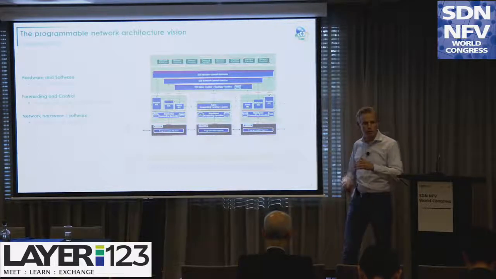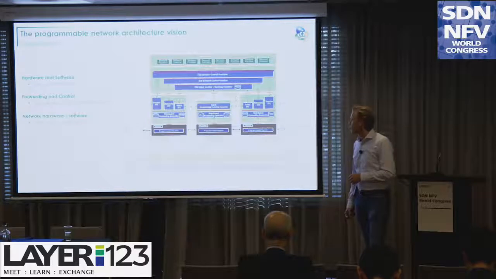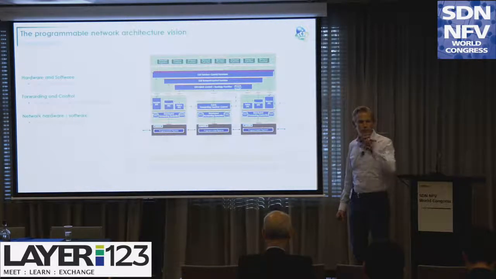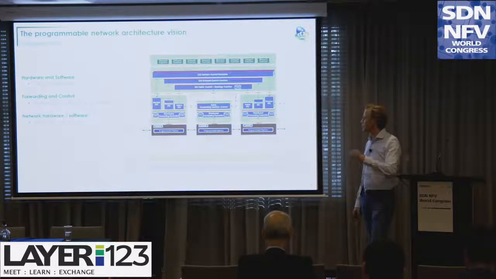The control then could be in the compute layers. And last but not least, the hardware and software itself should be disaggregated or modular, if you will. So we want to be able to change components or introduce new components without having to redo the entire stack that we have.